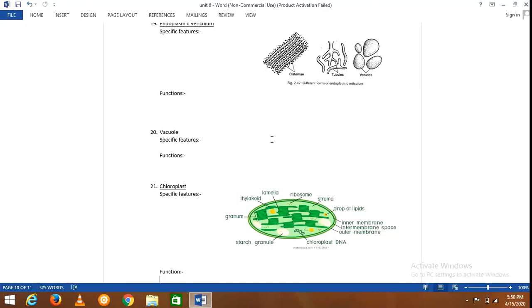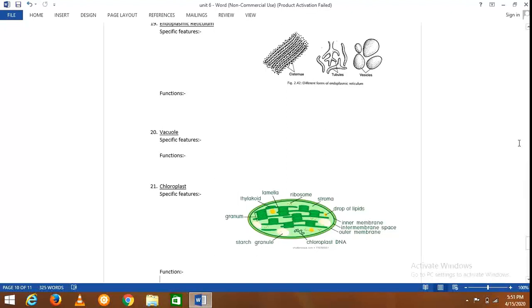You learned that there is a large central vacuole in a plant cell. In animal cells there may be small vacuoles. In unicellular organisms we can observe contractile vacuoles. The function of the vacuole is to maintain water balance, support and provide color to the cell by the pigments available.